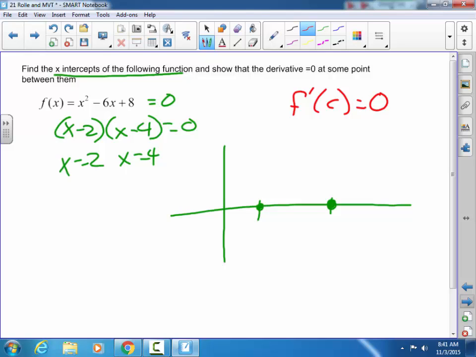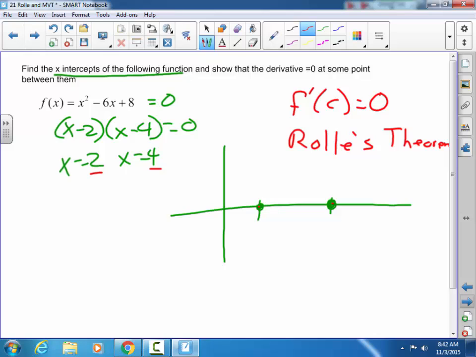We know we're using Rolle's theorem. That's named after the man that first penned it. Rolle's theorem says that because f of a equals f of b, the function is continuous, the function is differentiable, you've got all three pieces to it, therefore the derivative has to equal 0 somewhere. Not only does it have to equal 0, it has to equal 0 somewhere between 2 and 4.